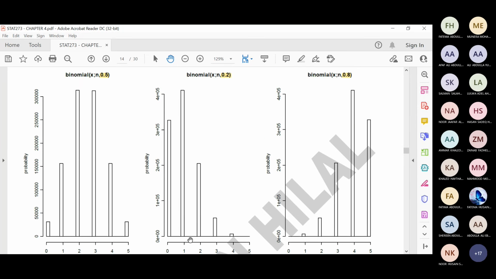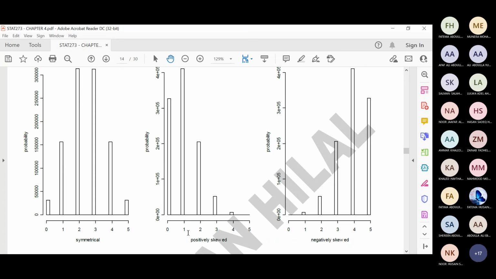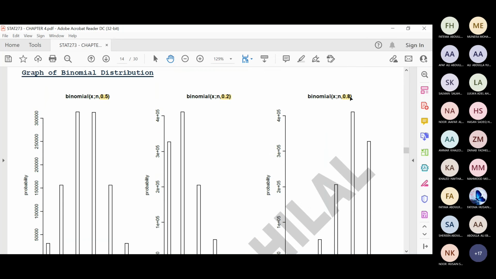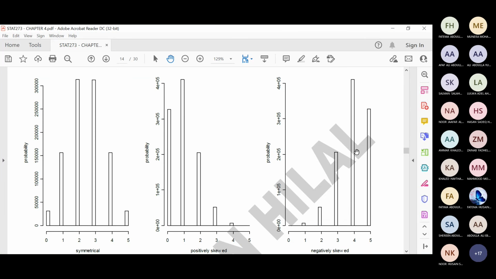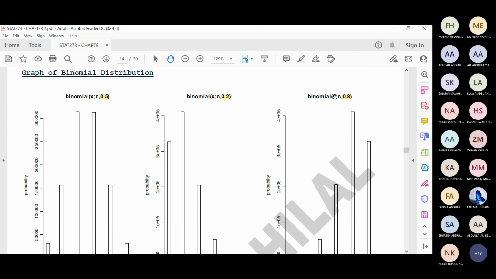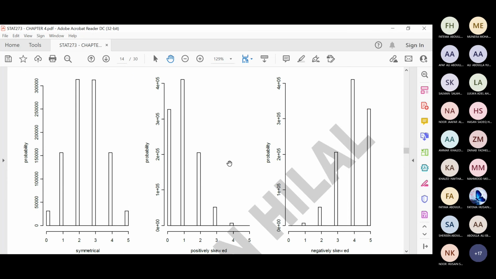If P is large, you will see that the larger probability will be for the large values, for 3, 4 and 5. Once again, this is just for your information to get an idea of the effect of P.